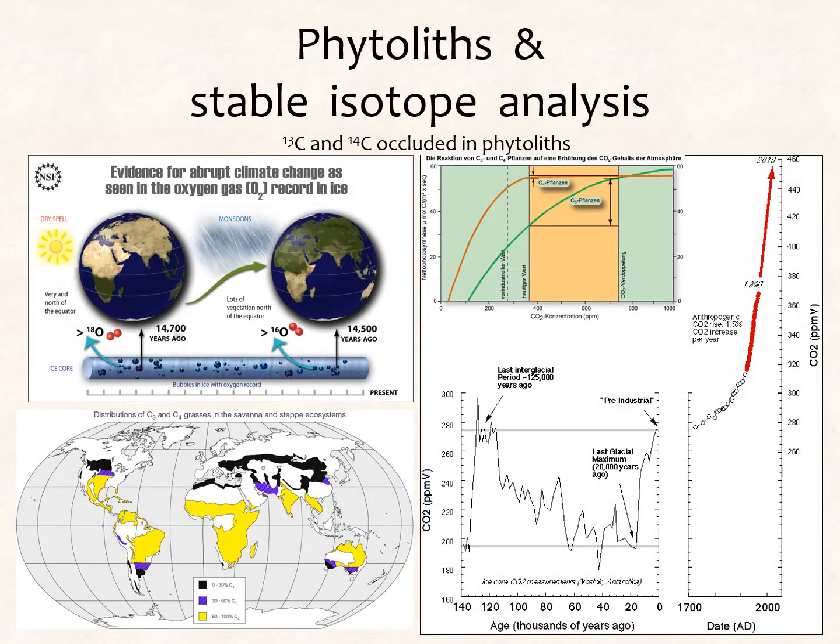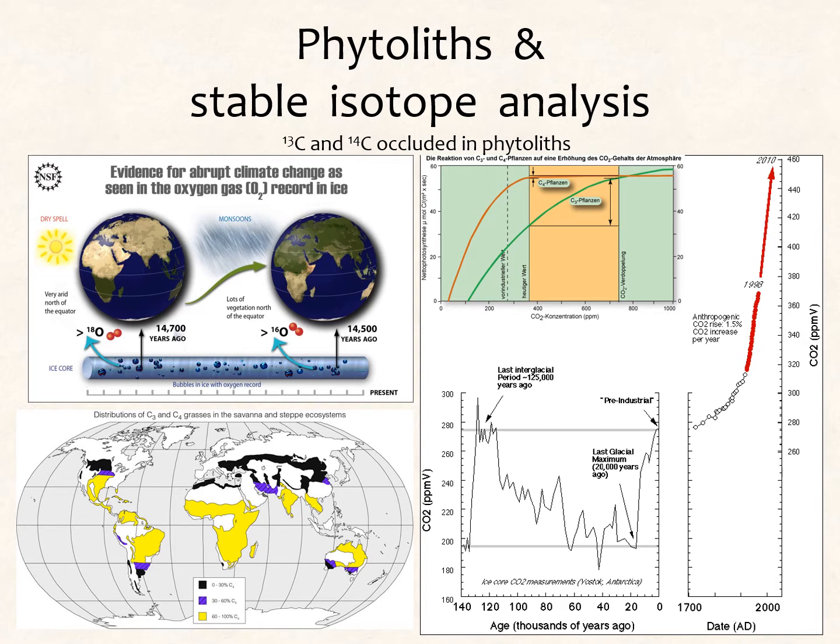As already mentioned, stable isotope analysis of phytoliths can contribute considerably to paleo-environmental and paleoclimate research. Stable and unstable carbon occluded within phytoliths is protected by the non-porous glass-like microstructure of the silica body.